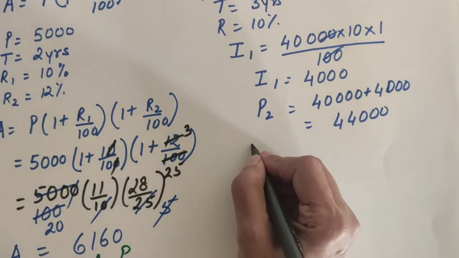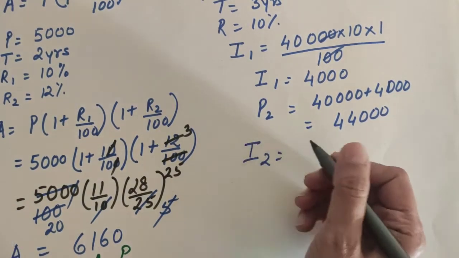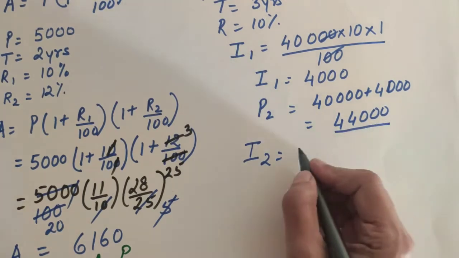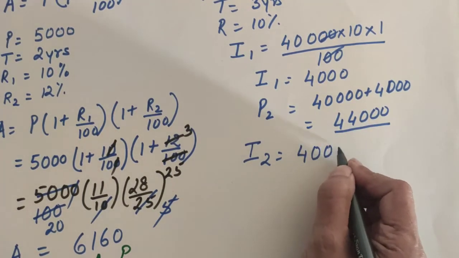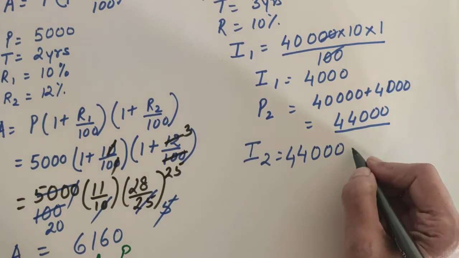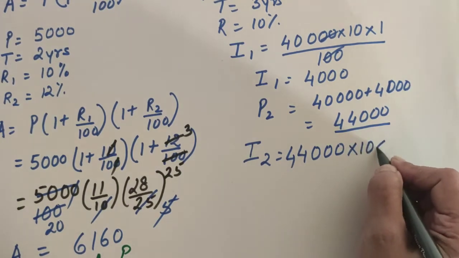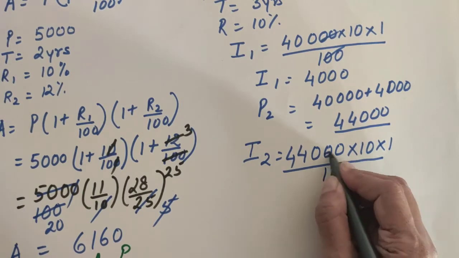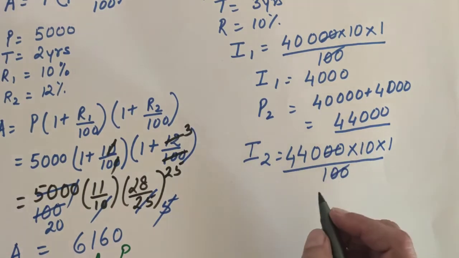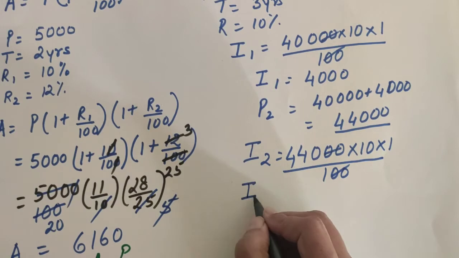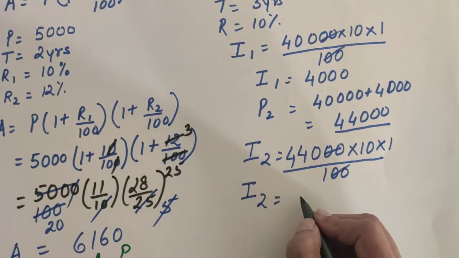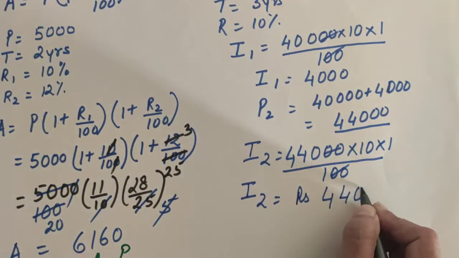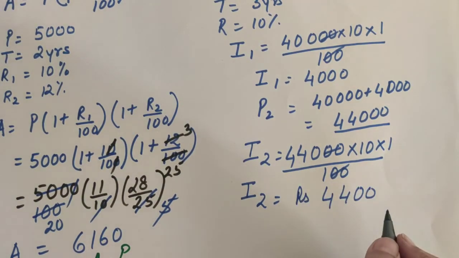So now we find the interest for the second year, which is again PRT. So this principal 44,000 will be used here, into rate into time, again 1 upon 100. So the interest for the second year is 4,400 rupees. 4,400 rupees is the interest for the second year.